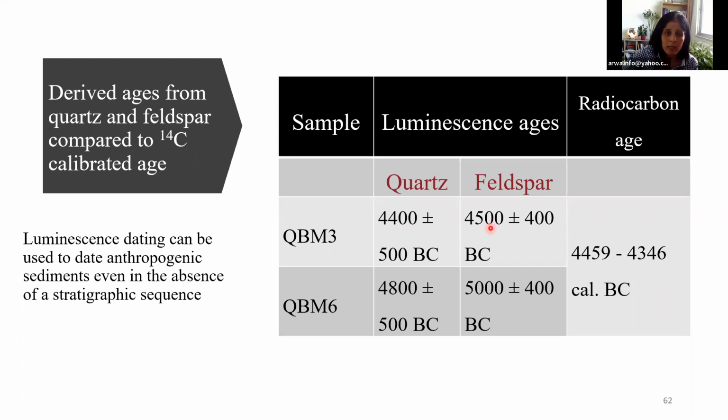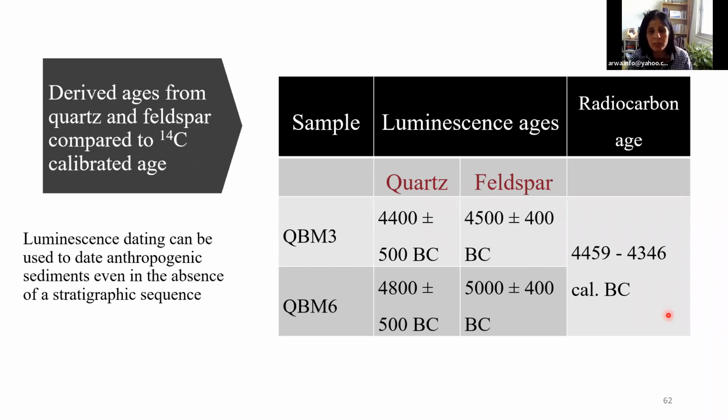When we dated the quartz and feldspars for the 2 samples, first of all, we noticed that both quartz and feldspars were in good agreement with each other. And both samples were in good agreement with the only radiocarbon sample that exists in the site.